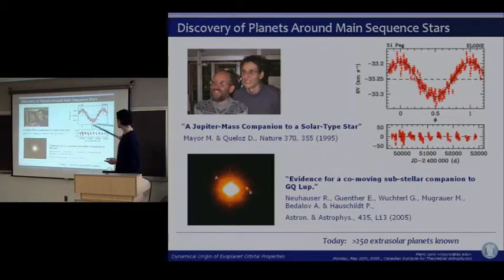Most of them are still discovered with the same technique as the first, with radial velocities, by observing reflex motion of the host star. But recently, some groups have managed to do direct imaging of planets that are further out from the star.